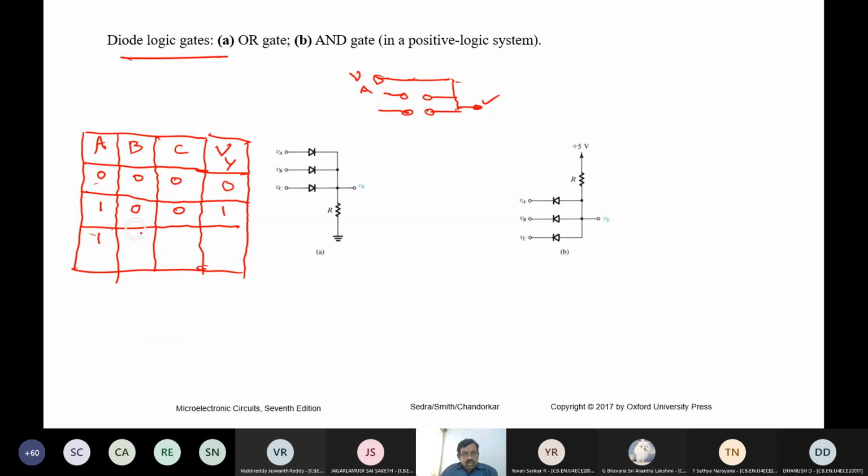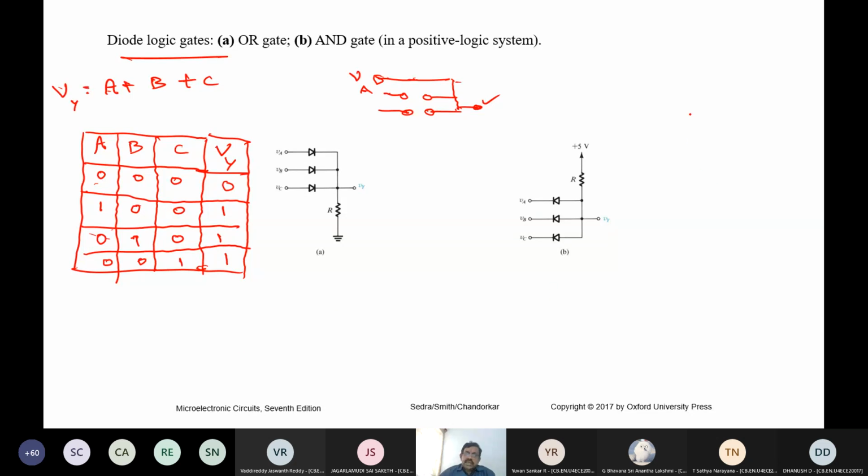So it is enough that only one of the diodes is conducting to get the output. So that is the OR expression. The logical expression, the Boolean expression, is A+B+C is my output.